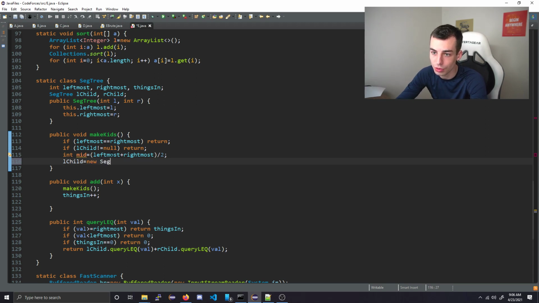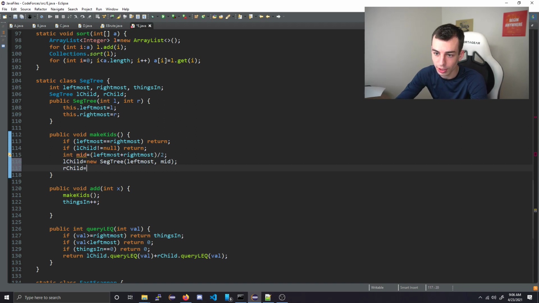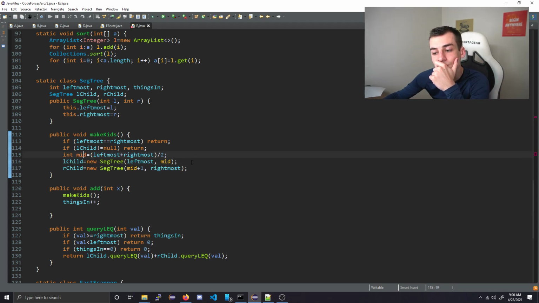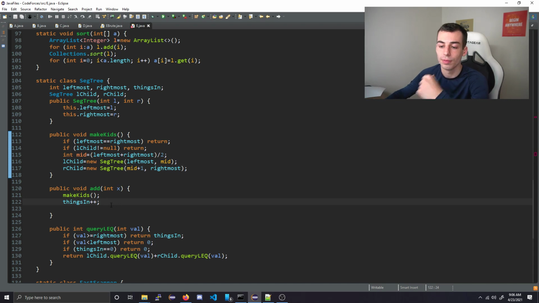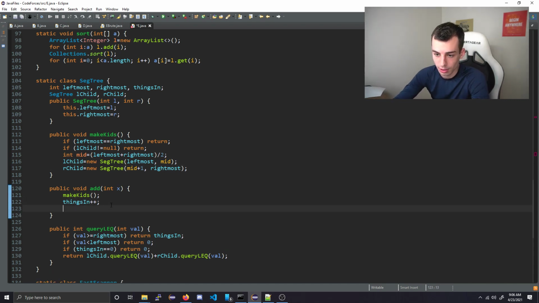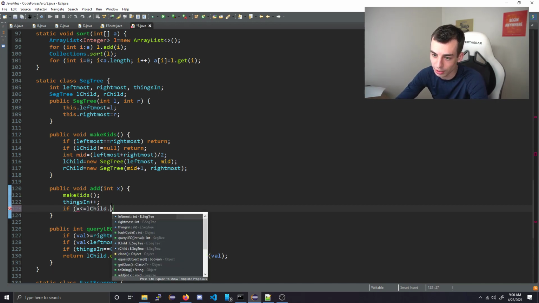L child equals new seg tree from leftmost to mid. R child equals new seg tree from mid plus 1 to rightmost.